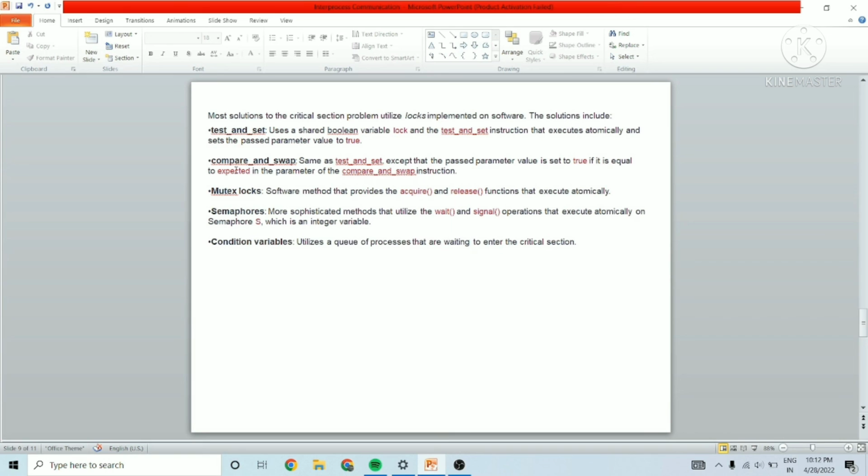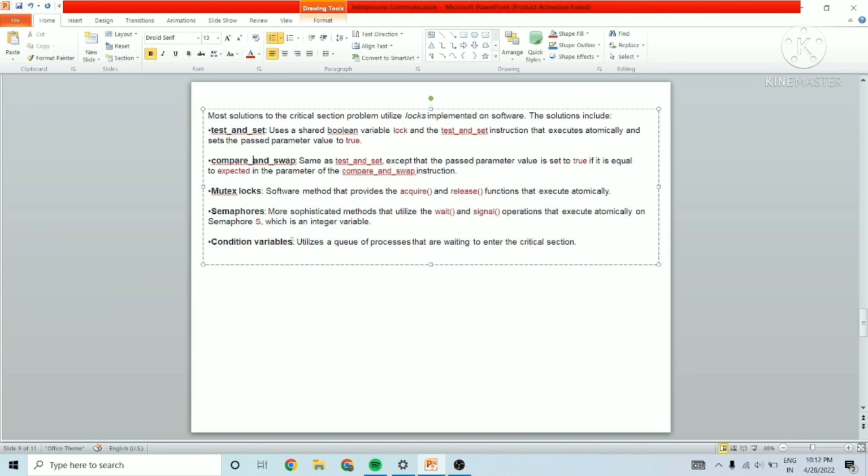Okay, the first solution is that, and the second is compare and swap, the same as test and set, except that the passed parameter value is set to true if it is equal to the expected value passed in the parameter to the compare and swap instruction.